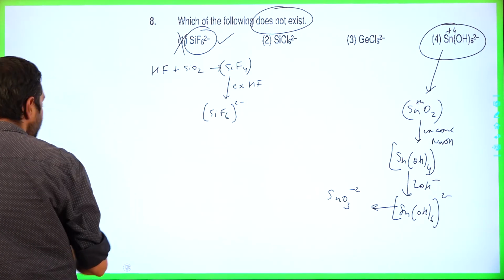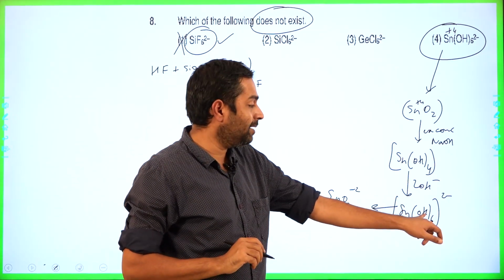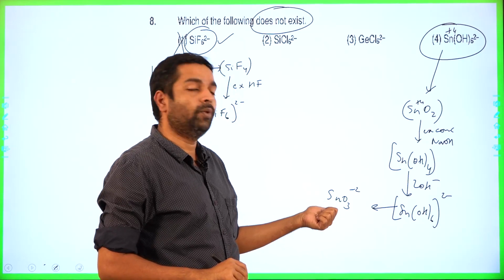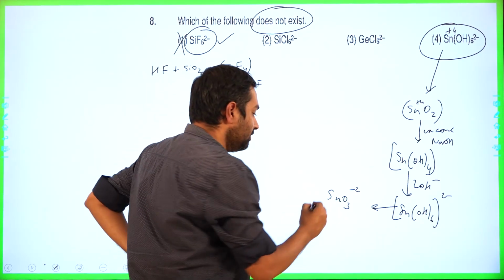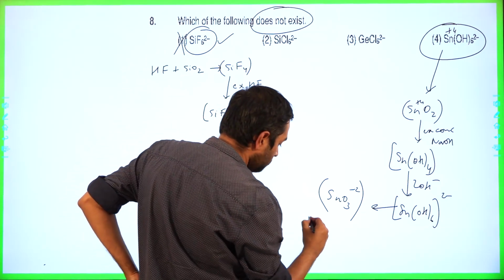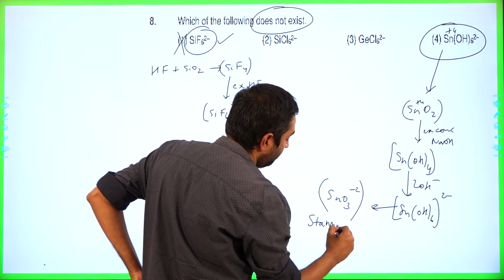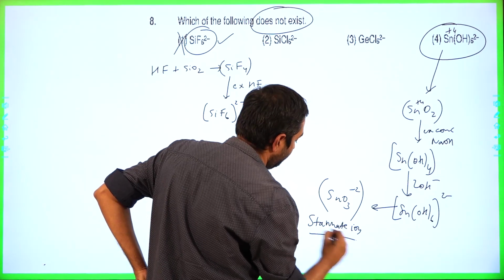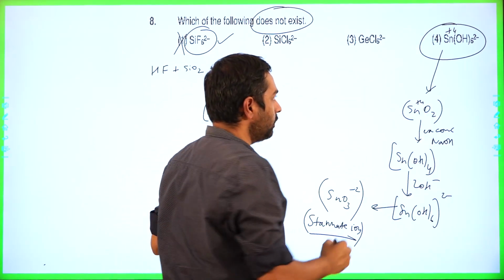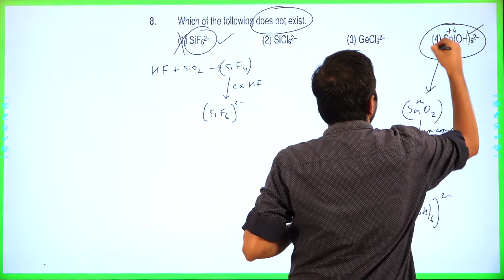You can think of this Sn(OH)6 2- as removing out 3 water molecules and left over is whatever is left over. This is going to be stannate ion in this particular case. Alright, it is called a stannate ion, which is nothing but dehydrated form of this fellow here. So obviously this also exists. So this is also existing now.